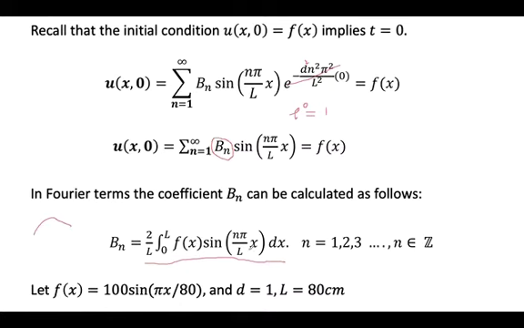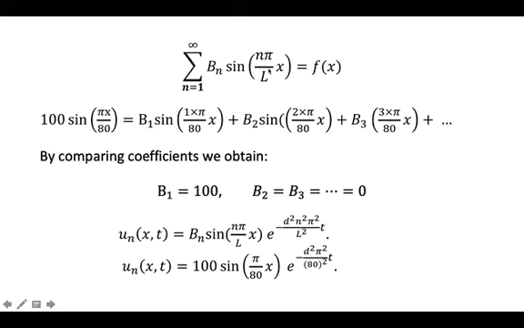We assume a function f of x is equal to 100 sine pi x over 80, and we place it here: the summation of Bn sine n pi x over L is equal to f of x. We compare it.